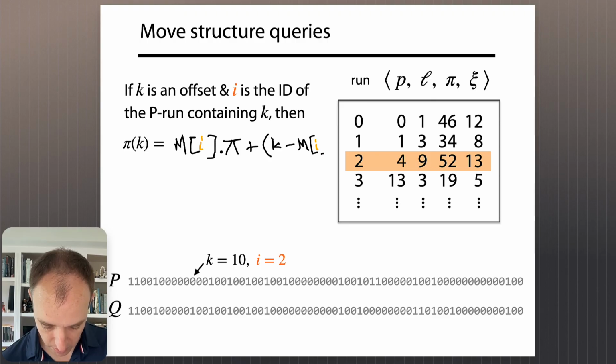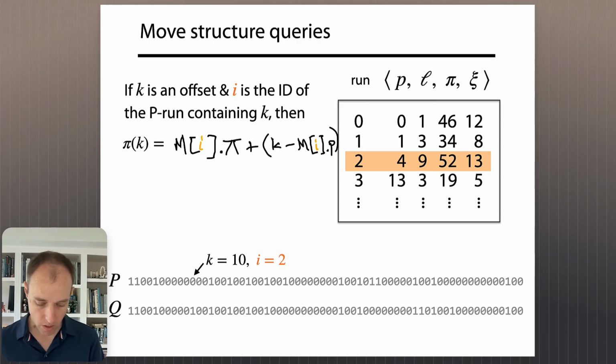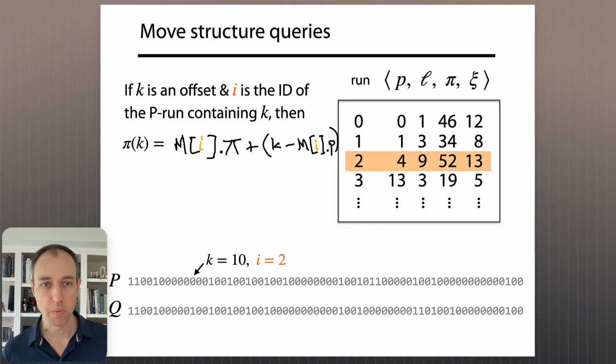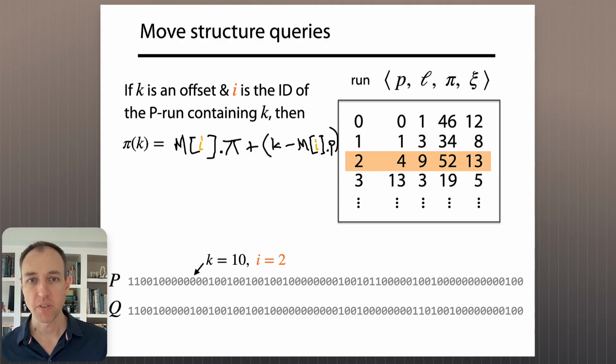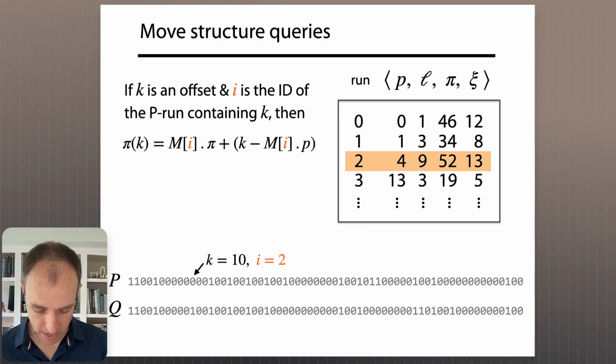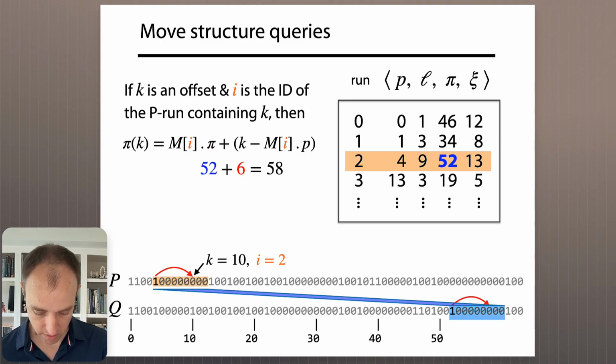Dot p. That's saying our new offset after we go through the permutation is going to be the same as our run head's new offset plus our offset from the run head. In this example, that means we're going to take 52 plus 6: 52, because that's where our run head maps to, plus 6, because we are 6 positions in from the run head.